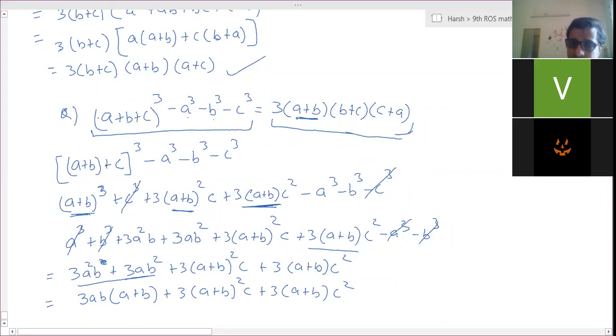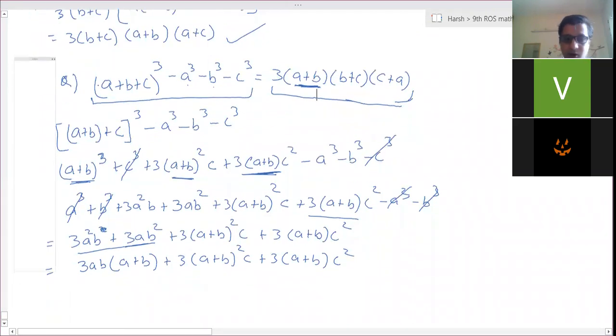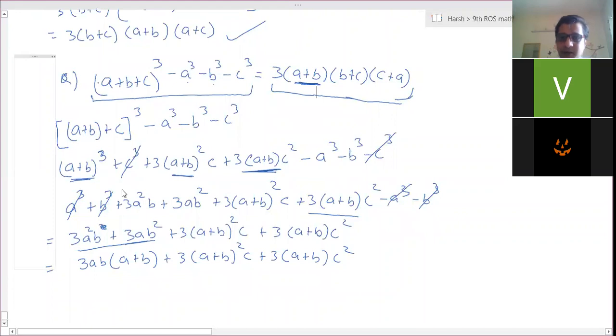Because when we need this A plus B on the right hand side, we should not expand it. Let's keep it like that. I'm talking about approach. The approach you have to pick up. This solution is just a solution for a question, but the approach should be very clear, how you have to approach the question. So I will not expand A plus B because on the right hand side I want that same A plus B.